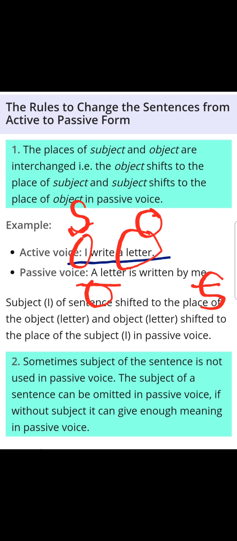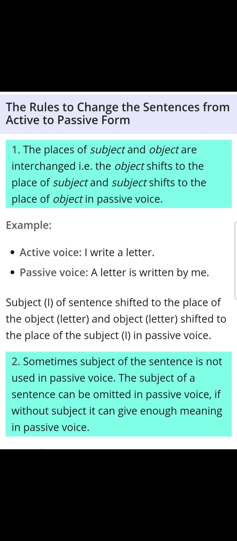Subject is the doer, the person who is performing something; object is the thing on which the work is done.